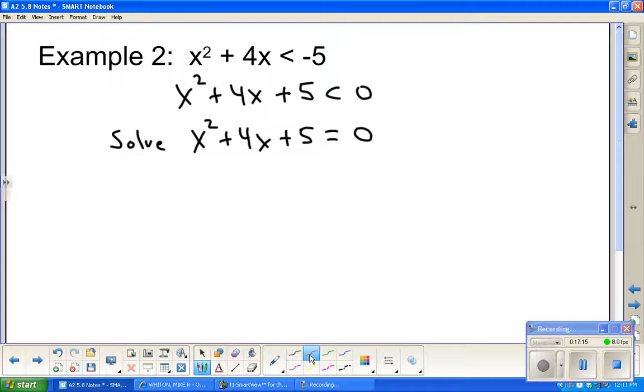Let's graph this now, and we'll come back and see how that can get us the answer, because it can actually be pretty quick to solve the problems too. So let's graph x squared plus 4x plus 5.